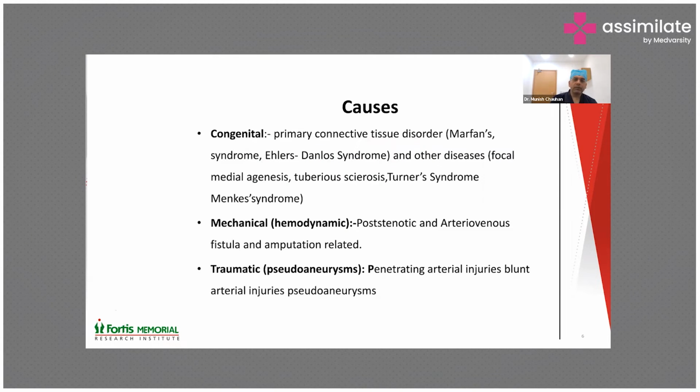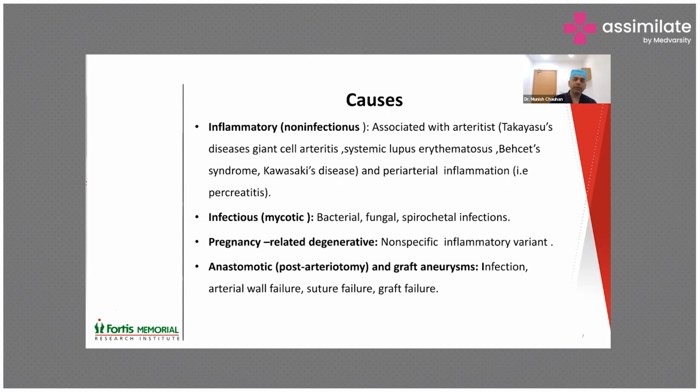The causes can be primarily congenital, especially, very famously, Marfan syndrome, where there are connective tissue disorders. Ehlers-Danlos syndrome, Turner syndrome, and certain other genetic conditions predispose an individual to congenital aortic aneurysms. Certain mechanical or iatrogenic procedures, post-stenotic dilatation or AV fistulas, especially for peripheral aneurysms. Any trauma.